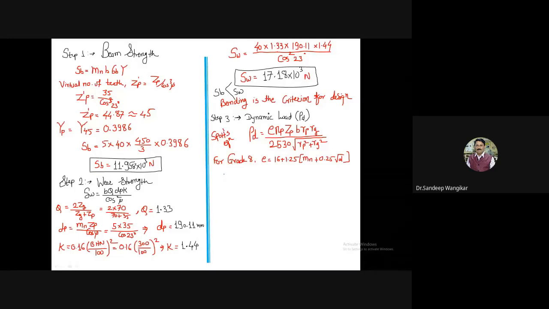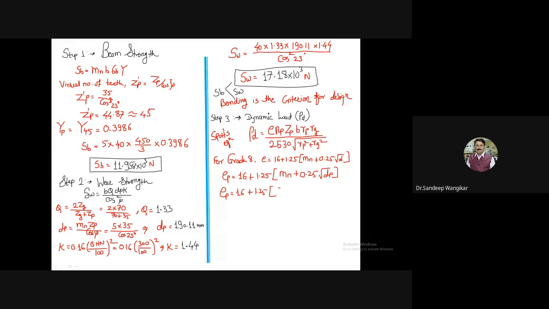So dp we have calculated in the calculation. So I will directly write for ep, error for pinion is equal to 16 plus 1.25 into bracket mn plus 0.25 under root of dp. This is the generalized formula. Then I will substitute the values 16 plus 1.25 into bracket mn value.